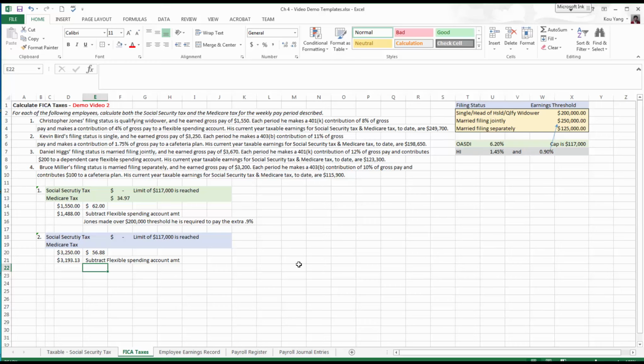And as of, well, let's say to date, he's made $198,650. Okay. He files single. Well, he hasn't really reached $200,000 yet, so in this case, what we're going to do is this. I'm going to calculate, so calculations will be here.